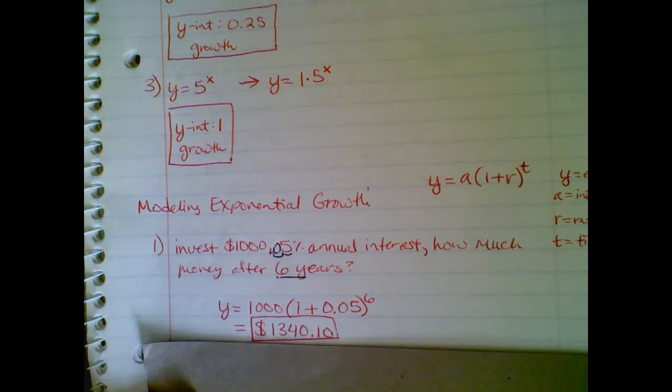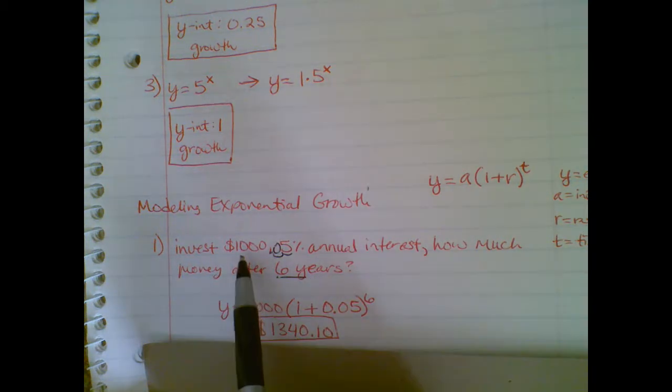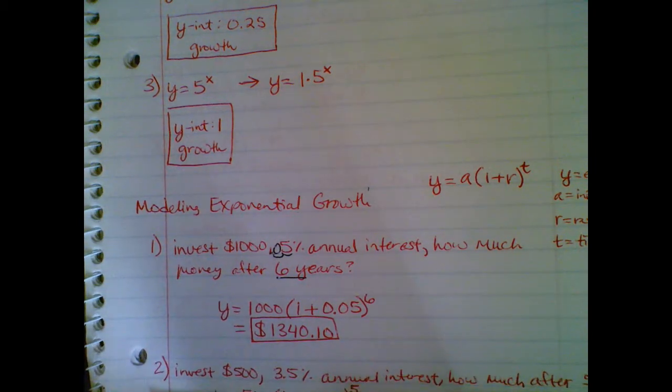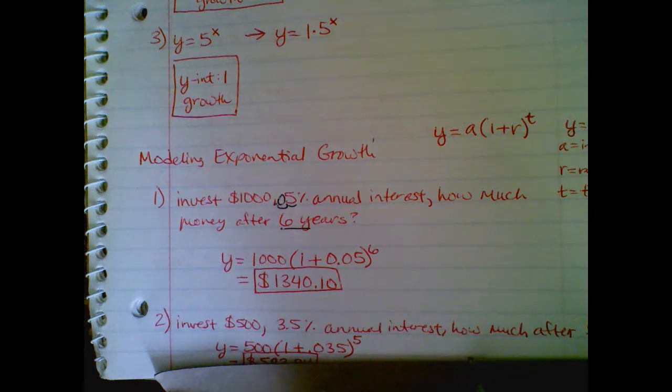So that is how much we would have in our bank account after 6 years. Notice we originally invested $1,000, so just off of interest we made $340.10.